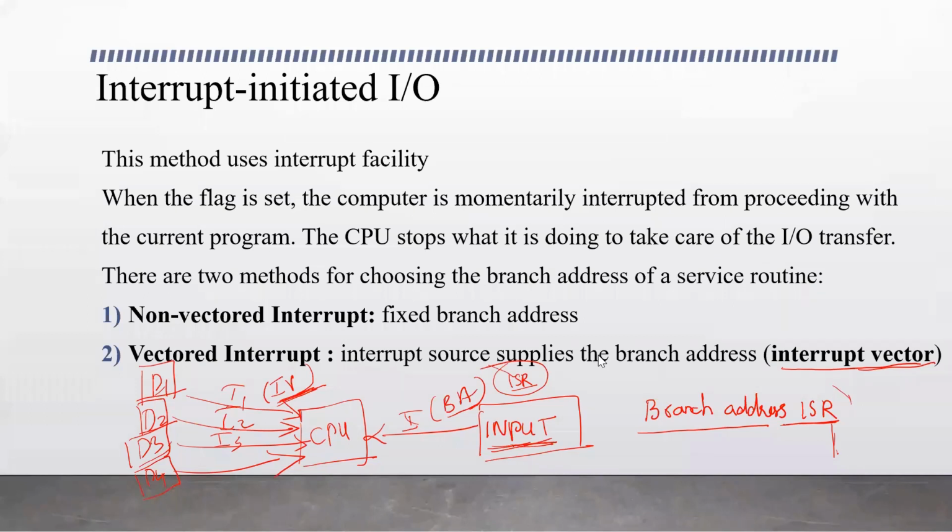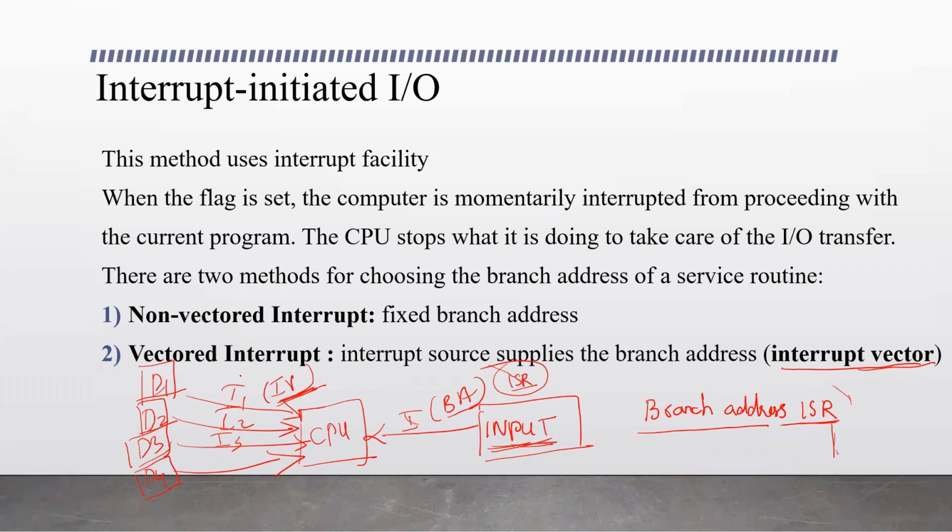There are two methods for choosing the branch address. One is non-vectored interrupt, where one fixed particular memory location is used to store the interrupt service routine. So whenever there is an interrupt, the control branches to that location only to serve the device that initiated the interrupt.